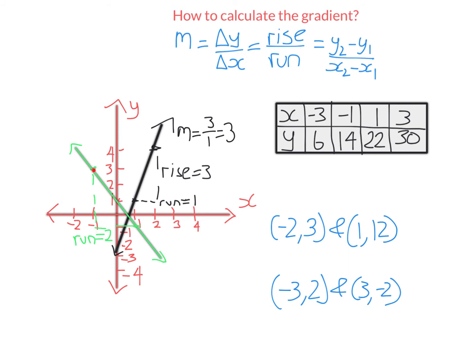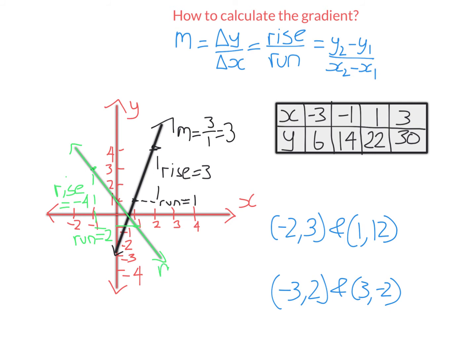Now, what we're going to do is look at the rise. To go from this point to this point, I've actually gone down. I've gone down 1, 2, 3, 4 units. So the rise is actually not 4, it's -4. The reason the rise is negative is because I went down.